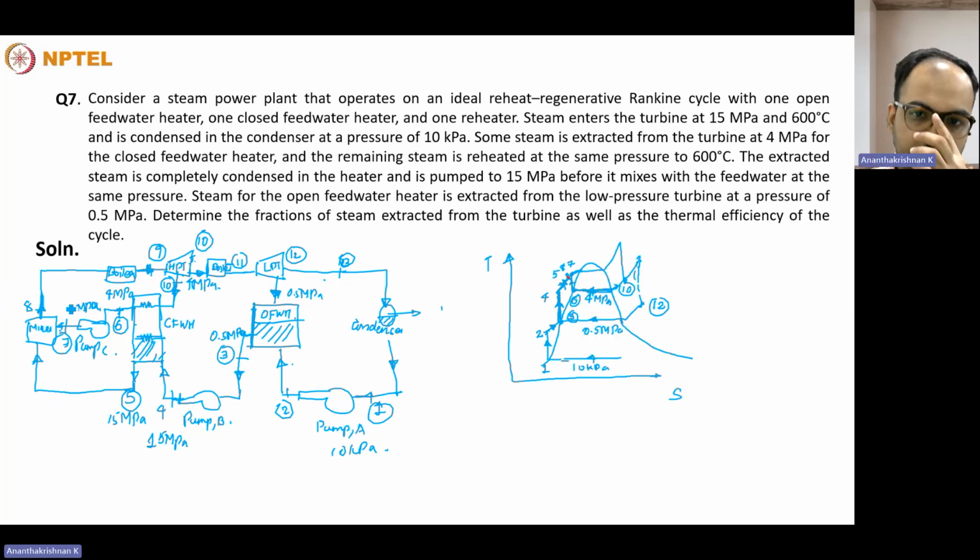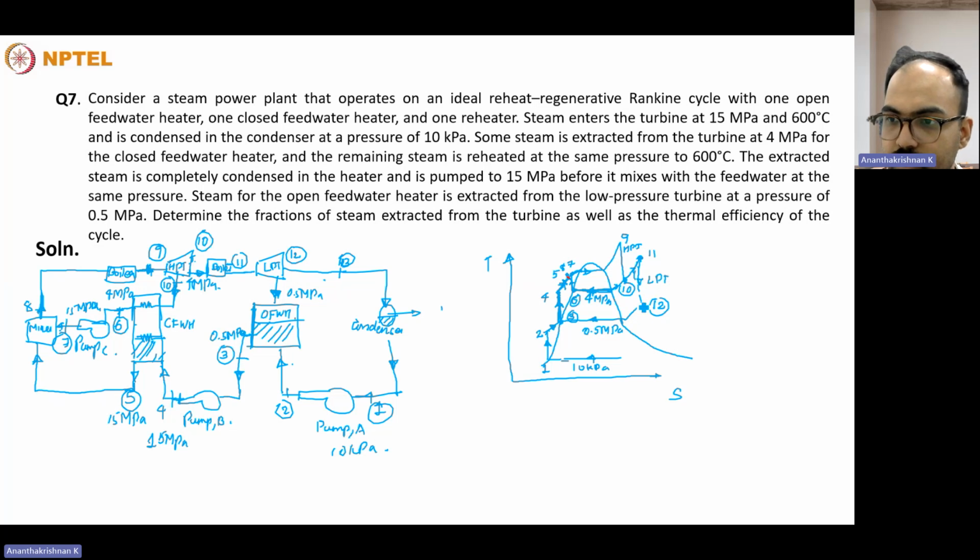And from 8, it will be boiled to state point 9. And from 9, a high pressure turbine will be there, and it will be expanded to point 10. From there, a portion of the steam will be bled back into the open feed water heater, and the remaining will be reheated back to state point 11. From 11, it will be expanded in the low pressure turbine.